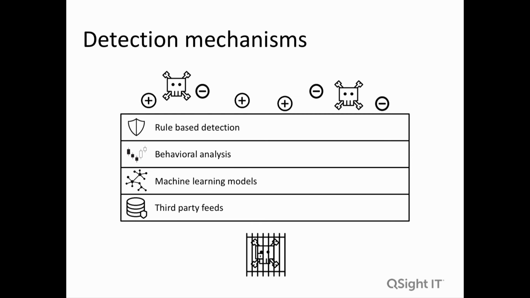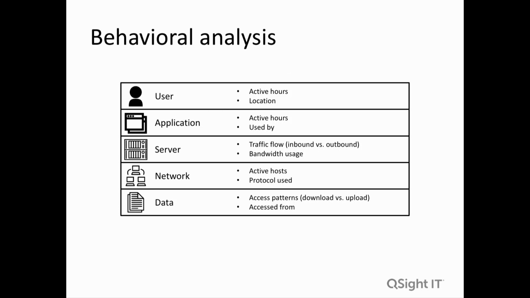The last one, third-party feeds, we're actually already using. We use IP reputation lists to score bad IPs, and we also have some blacklist of URLs and DNS servers that we can apply in real time. The other 2, behavioral analysis and machine learning, I will cover in the next 2 slides to give you a little bit more detail about what we're working on.